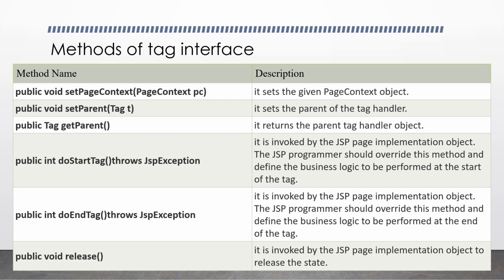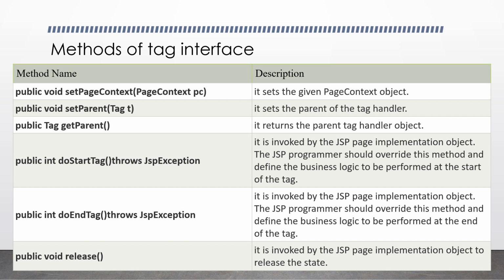Then we can see the main methods of the Tag interface. So first one is setPageContext. It sets the given page context object to work with the application. And public void setParent sets the parent of the tag handler. And getParent, we can also get the parent through this method.